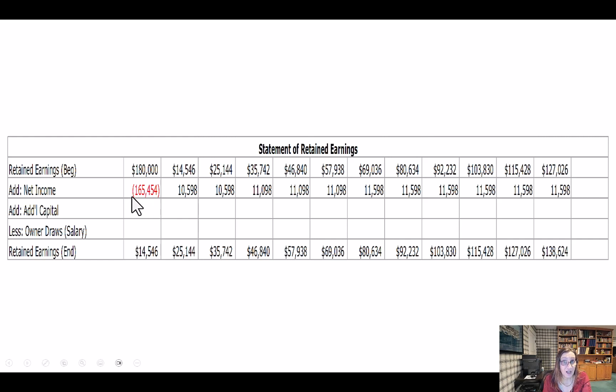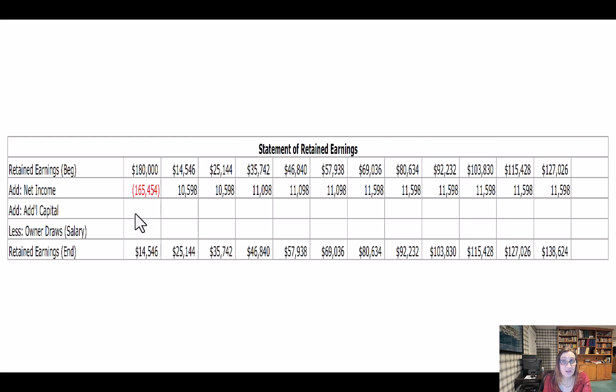Remember, it was a loss in the first month, $165,454 loss. Then there is a line for adding capital. I'm not anticipating having to add more money into this business because I set up that contingency fund in the very first month.